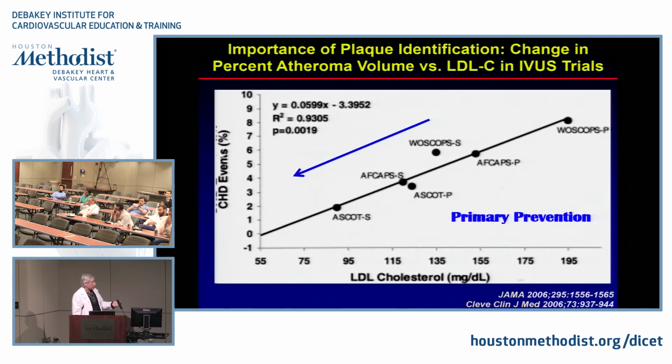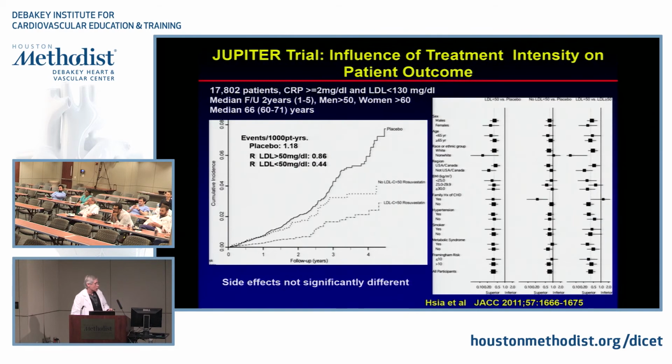And there's a lot of prevention data. So all of it fits pretty nicely together in terms of this reduction in plaque and improvement in outcomes, although there are probably many other reasons why patients do well on statins besides the fact that they reduce lipid-rich plaque.